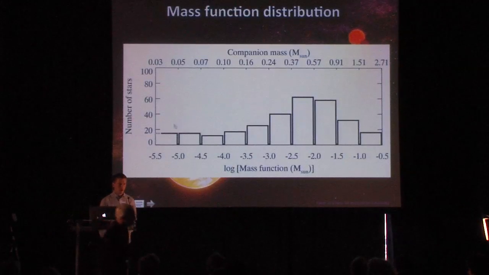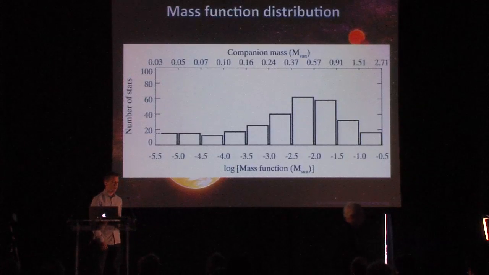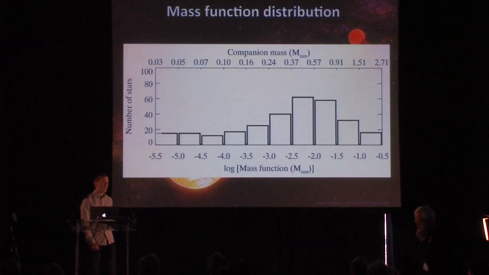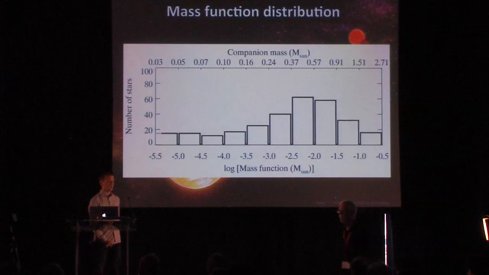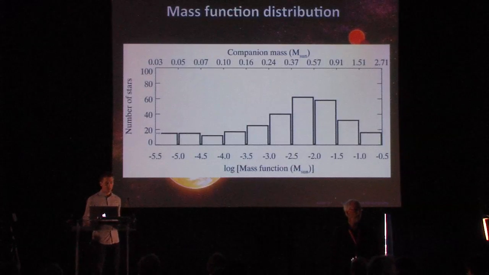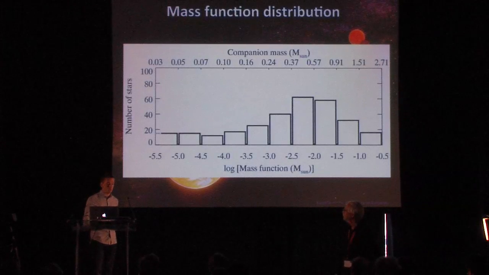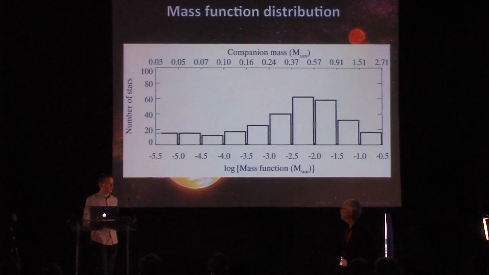I expect there are many more brown dwarfs than we happen to find, and it's just a case of how favorable the system is in terms of, say, inclination or orbital period as to whether we end up detecting that system. So I couldn't give any firm statistics at the moment. These are really truly early results. We haven't statistically corrected for our observational bias, but I do hope that by the end of the project we can give you those answers.